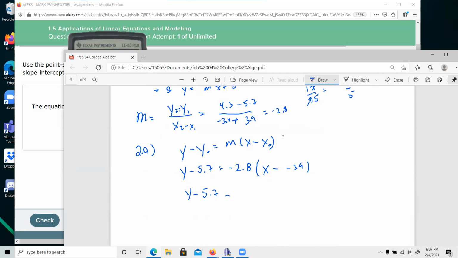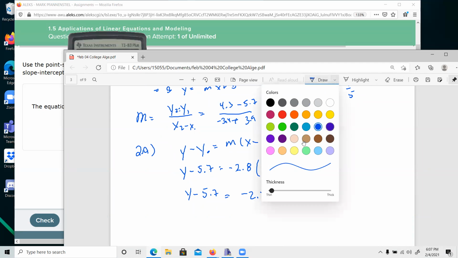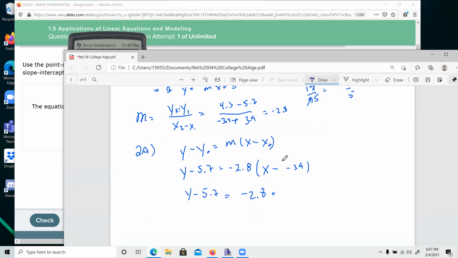Here we are, we're going to distribute negative 2.8. Oh, so let's go through and do that. We'll do this one. You have a negative and a negative here, so that's really going to be positive. So negative times positive is negative.